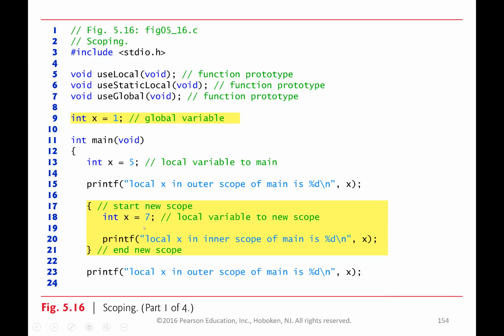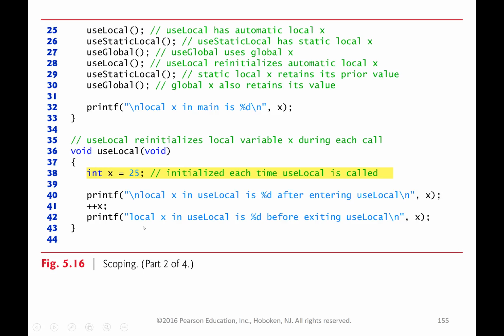Within this block, it's equal to 7. And then right here in main, and then here in use local, I now have it equal to 25. So now there are 4 different versions of x.